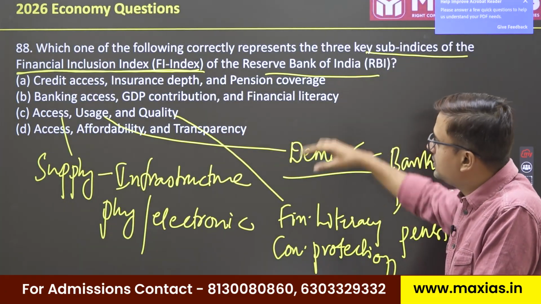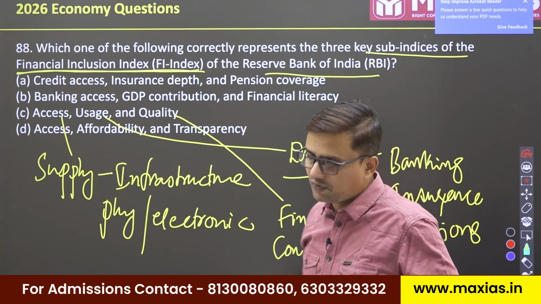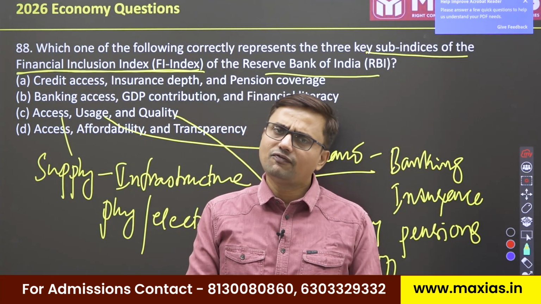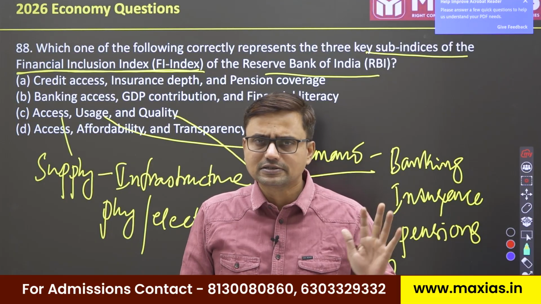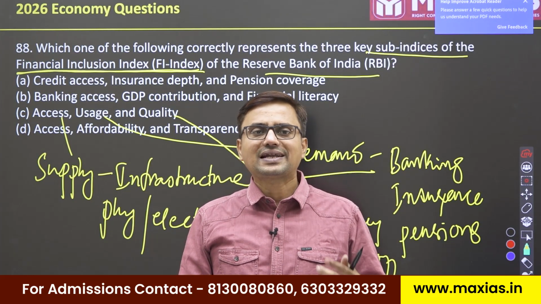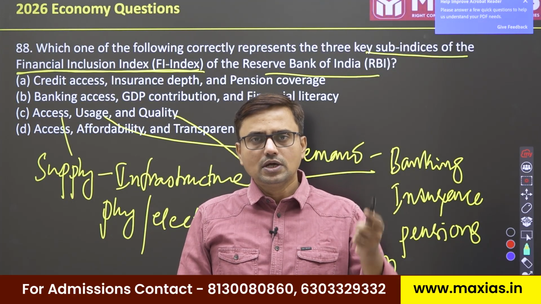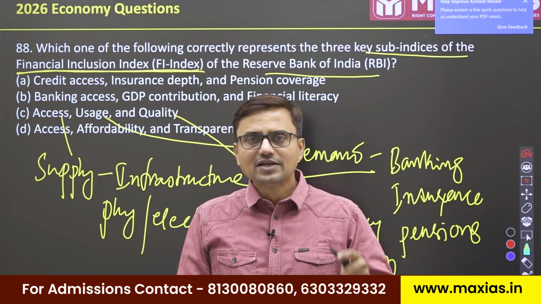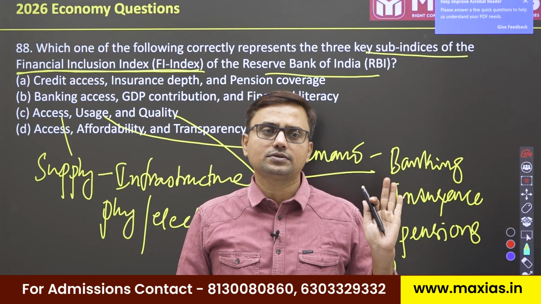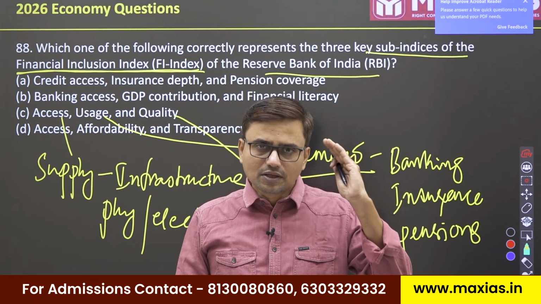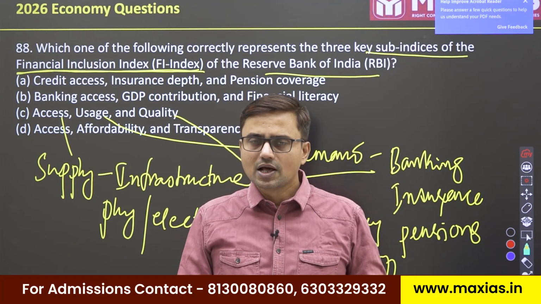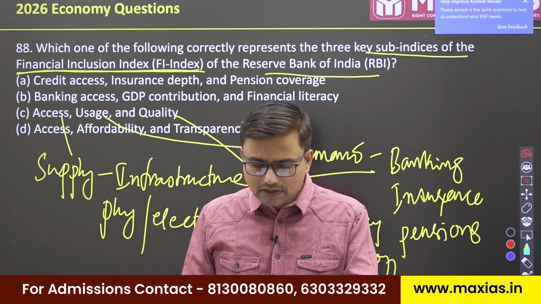If you have read this financial inclusion index report of Reserve Bank of India under current affairs part, well, fine, you can recollect this and mark the answer. Now, we have tried our best to decode the answer based on the holistic understanding of the subject. अपना दिमाग को चलाया अभी हमने, we have used our brain.